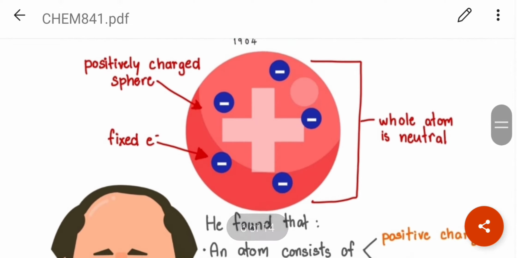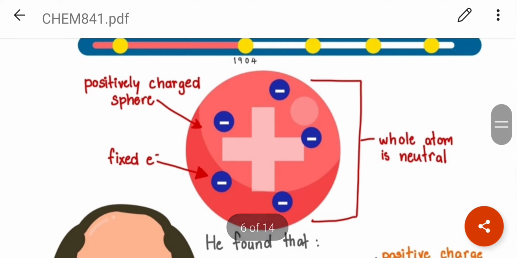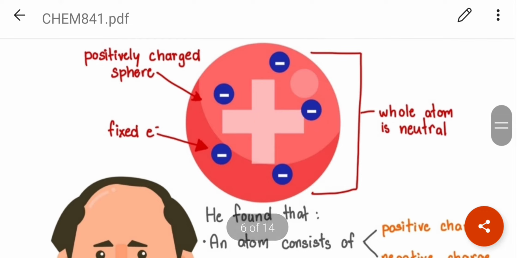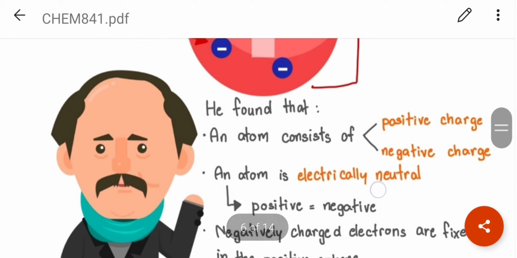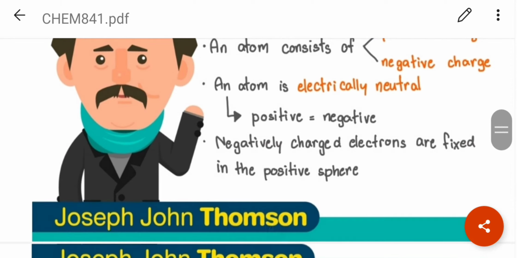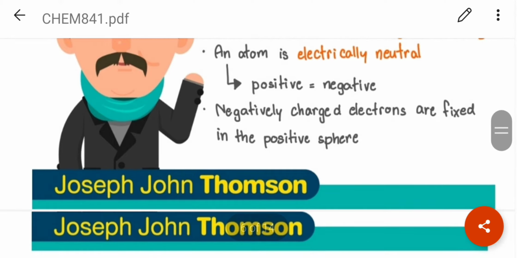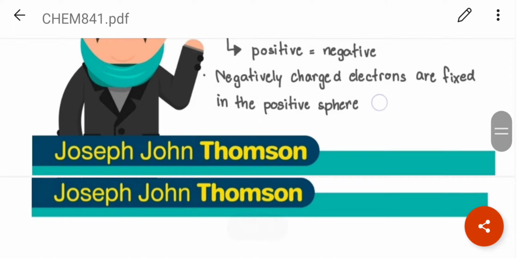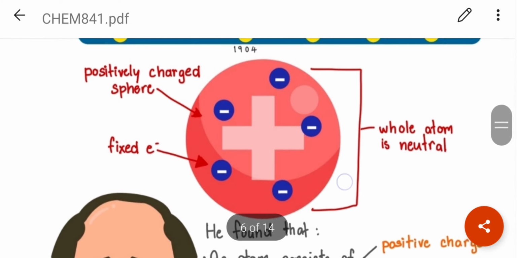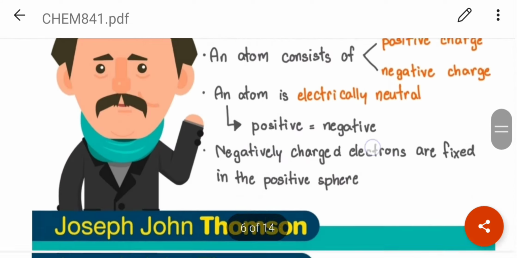You can see inside the atom the positively charged sphere is distributed uniformly, and then you can see the negative charged particles embedded on it. Okay, so he said an atom is electrically neutral because of this. And negatively charged particles are fixed in the positive sphere just like a pudding or a cake.